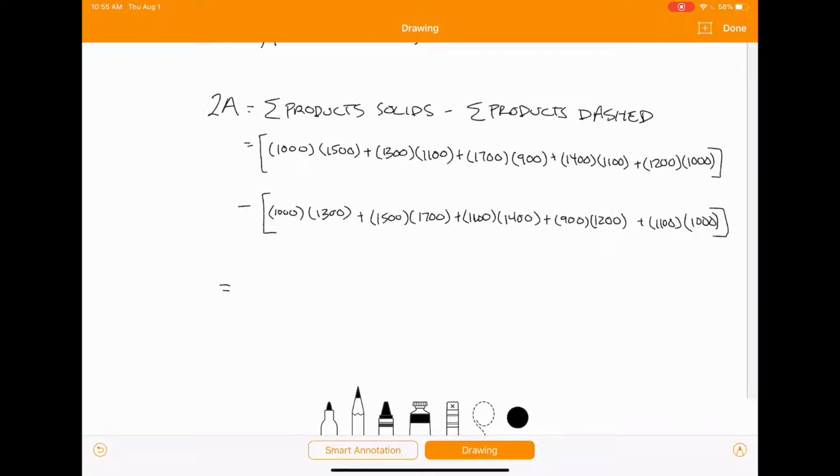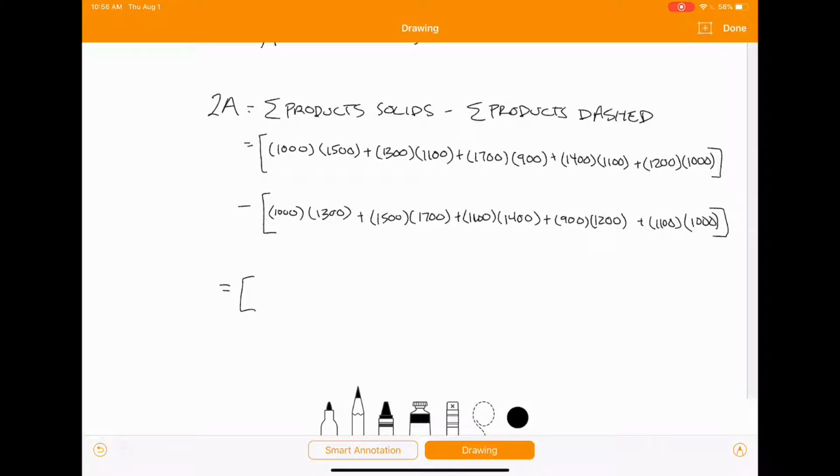And when you put all of that into your calculator, you're going to want to be really careful when you're plugging all of this in because it's really easy to make a mistake. So let's see if I can get this correct on the first try.